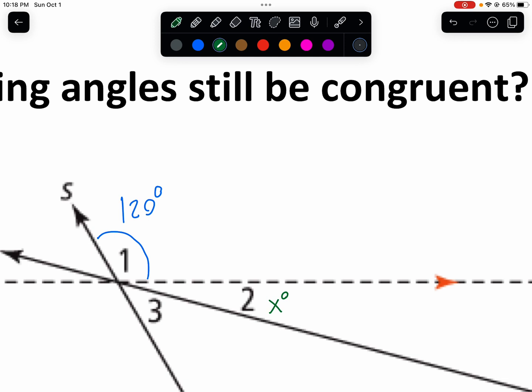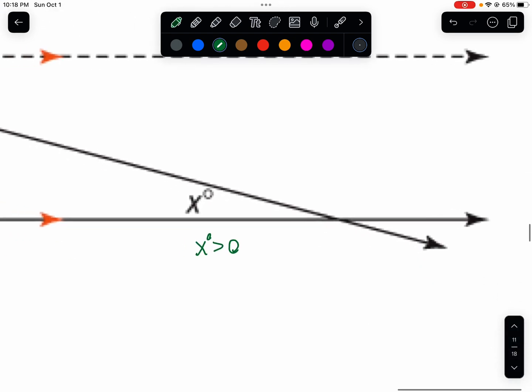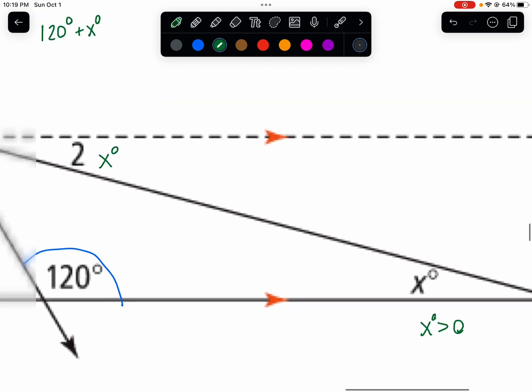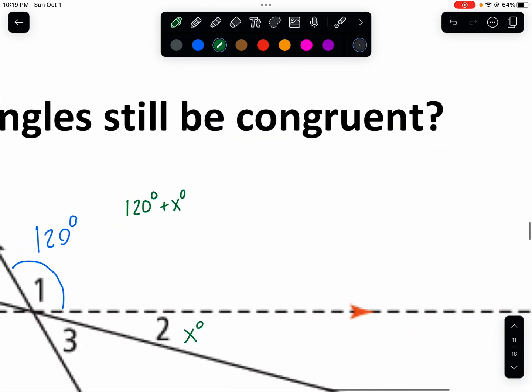Well, let's actually add them. We've got 120 degrees plus X degrees. Now if X was 0, then this would be congruent. But we decided back here that X had to be greater than 0. If there's going to be an intersection, X has to be greater than 0. It could be 0.000001, but it's not 0. It's bigger than 0. So since 120 plus X has to be greater than 120, since X is not 0, then the corresponding angles are not congruent.